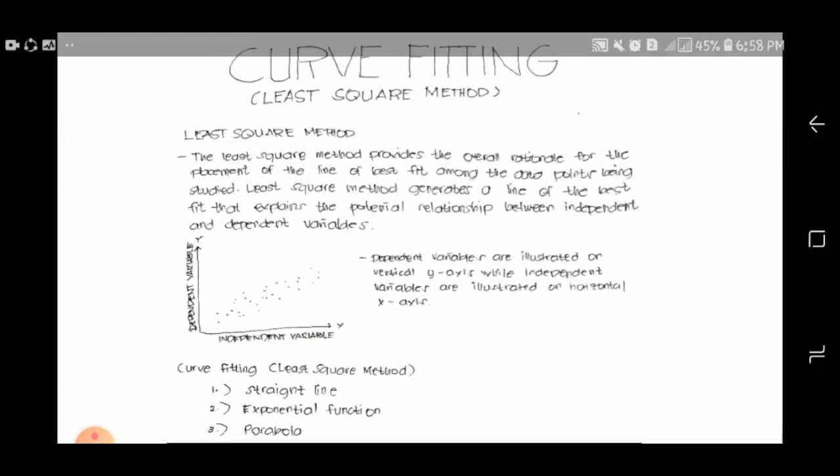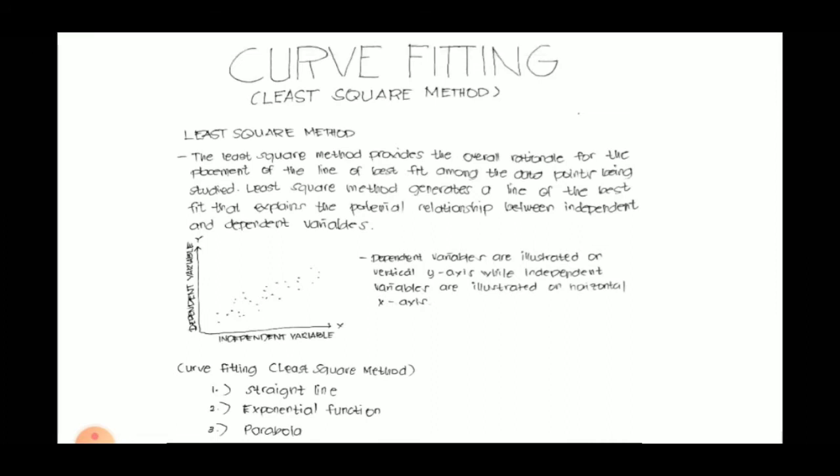The least square method provides the overall rationale for the placement of the line of best fit among the data points being studied. Using the least square method will generate a line of the best fit that explains the potential relationship between independent and dependent variables.